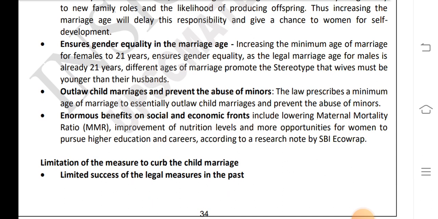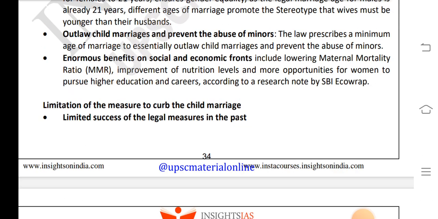In many traditional societies, a woman's age at marriage acts as the gateway to new families and roles and the likelihood of producing offspring. Thus, increasing the marriage age will delay these responsibilities and give women the chance for self-development, ensuring gender equality.